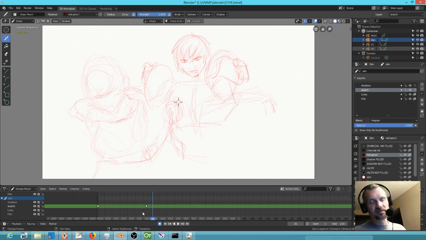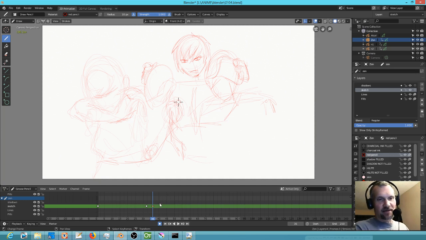So my thinking at this point would be, you probably want to only create new grease pencil objects when there's a really good reason to. Generally speaking, if the characters are all intertwined and overlapping each other, you don't want to be putting them in different objects because you're just creating more work.